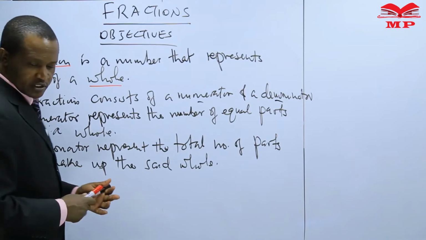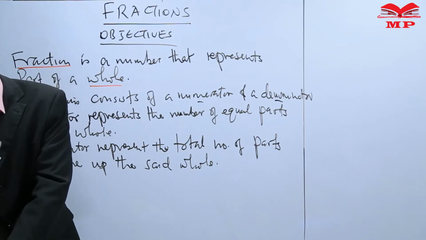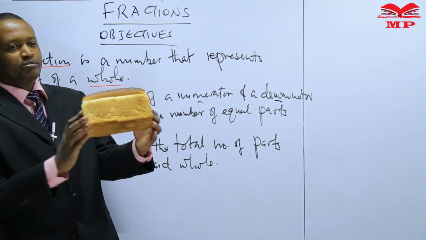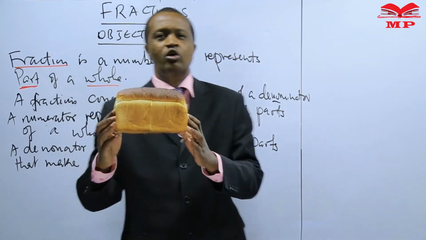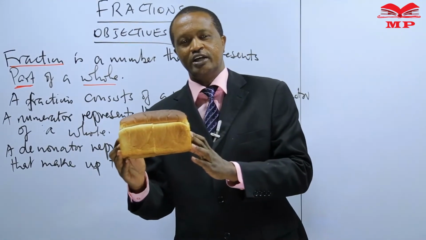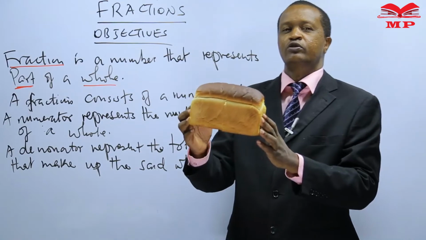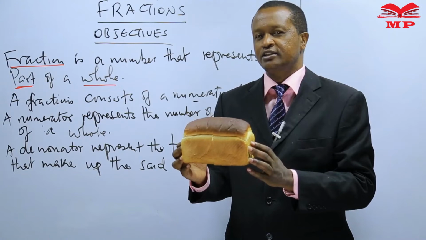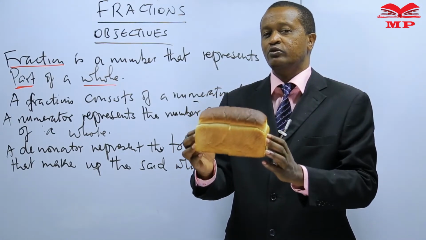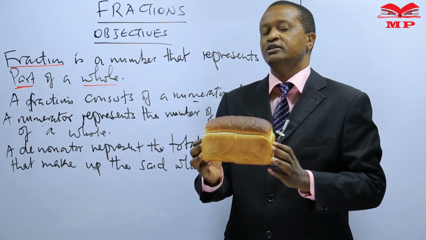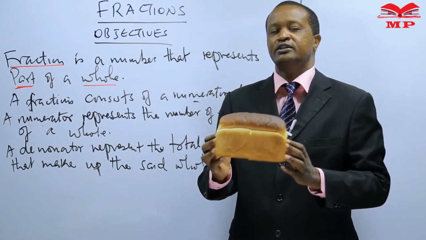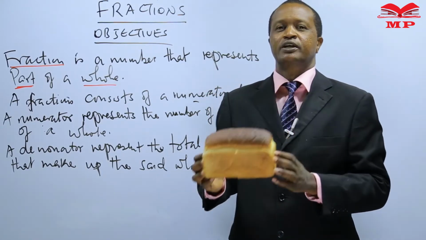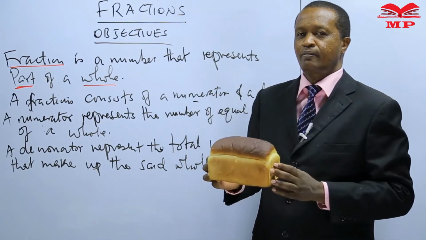For example, if you have a loaf of bread, using this one as an example, this is a whole loaf. I can decide to cut it in many parts: 2 parts, 3 parts, 8 parts, 10 parts, 20 parts, 50 parts, all right, equal parts.